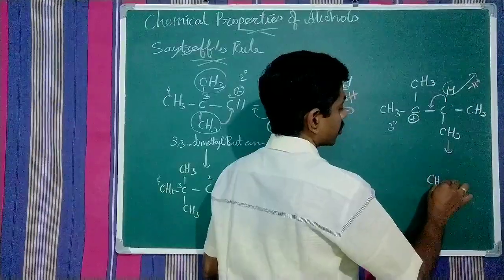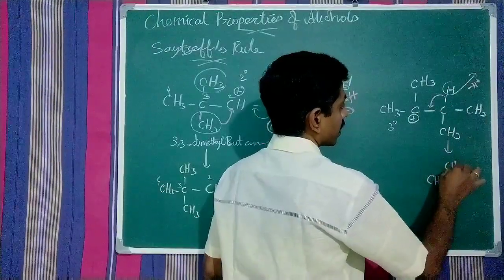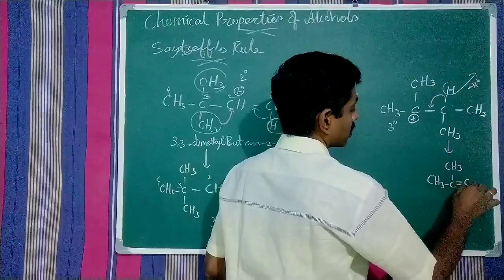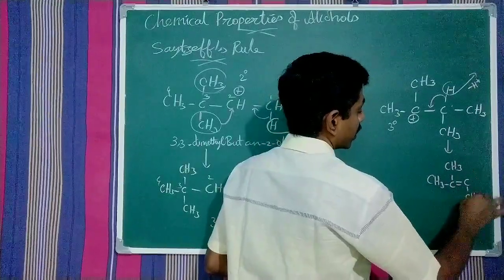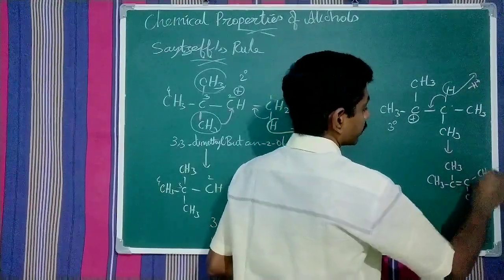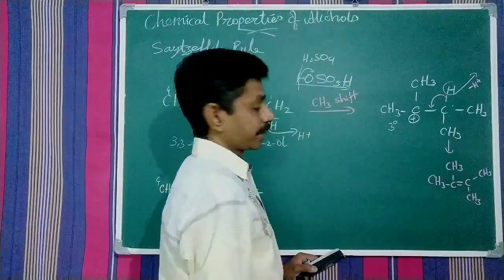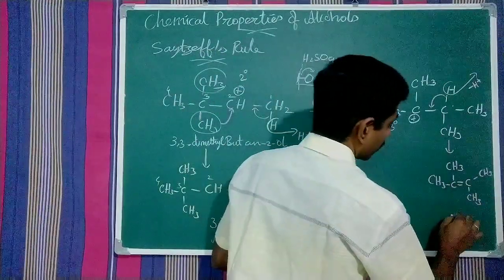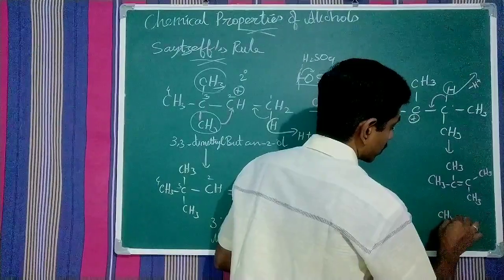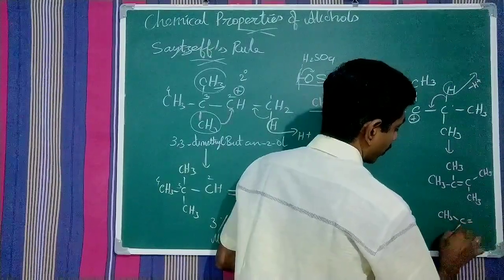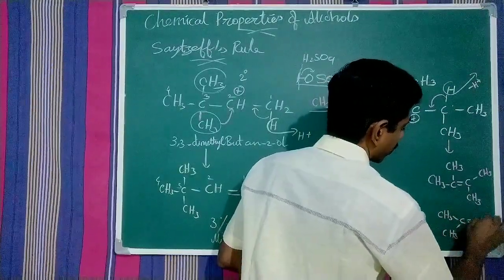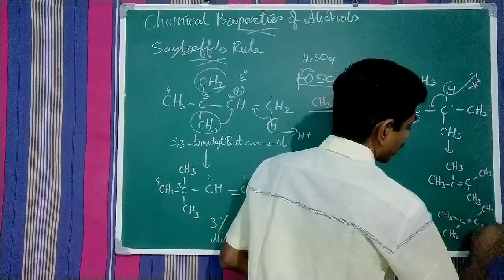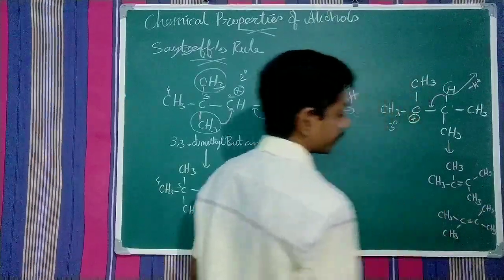There is one possibility: CH3, C, CH3, double bond C, CH3 and CH3. This is one possibility. And this molecule you can write this way also: CH3 carbon, double bond, CH3 carbon, CH3 and CH3.